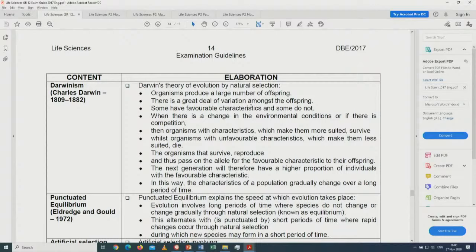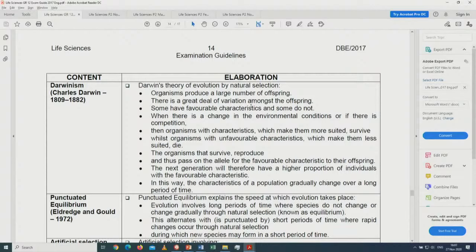When there's a change in the environmental conditions or there is competition, then organisms with characteristics which make them more suitable will survive, while organisms with unfavorable characteristics which make them less suited will die. The organisms that survive reproduce and thus pass on the allele for the favorable characteristic to their offspring.